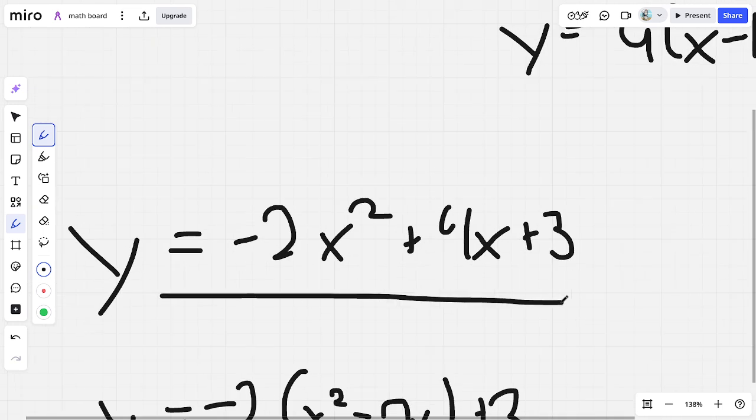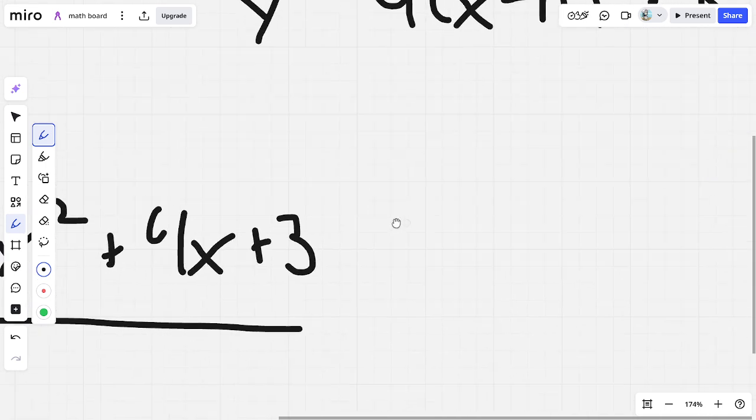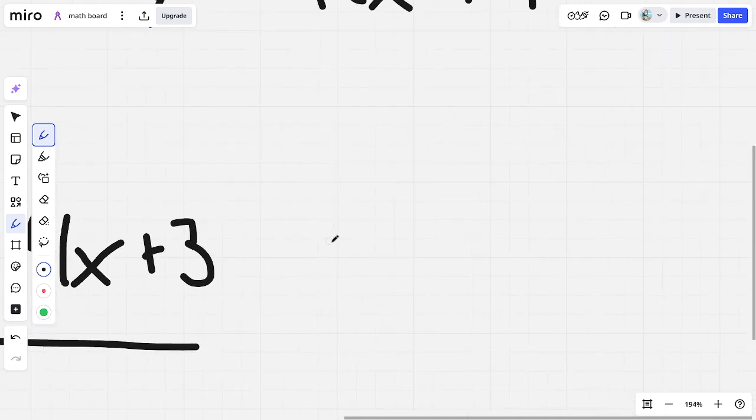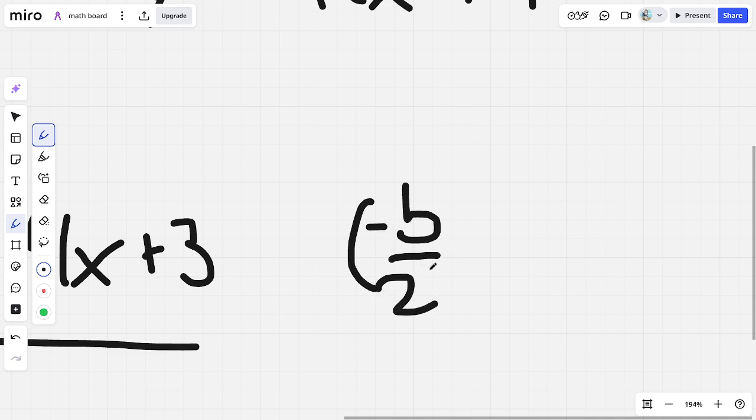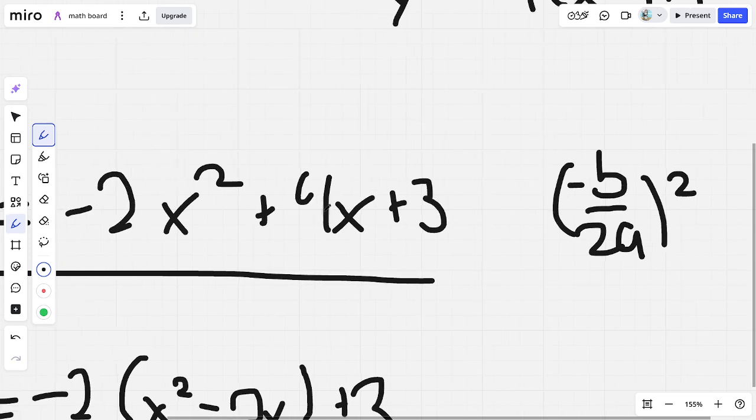Next, we go back to our original equation, and then we go ahead with negative b over 2a squared, and we just substitute the values.